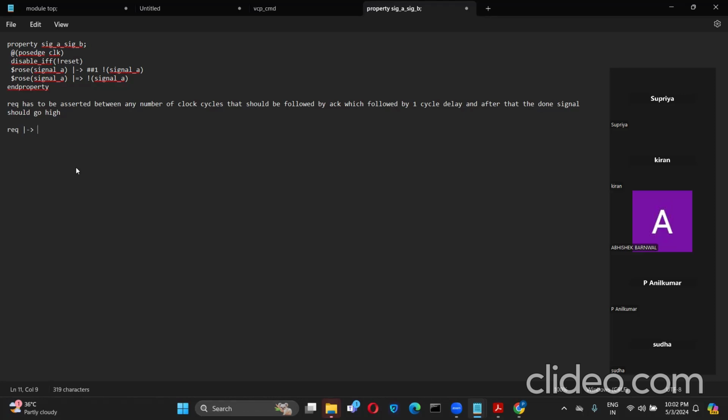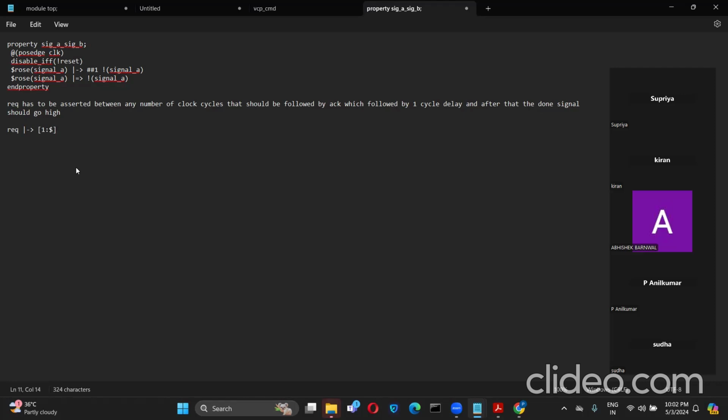After that, I am taking an implication. And then I want to check the range of the clock cycles, right? So I don't know how many clock cycles it will take. So I will just give 1 to $. So this will be like in between any one to any number of clock cycles, it will trigger. It will consider that.